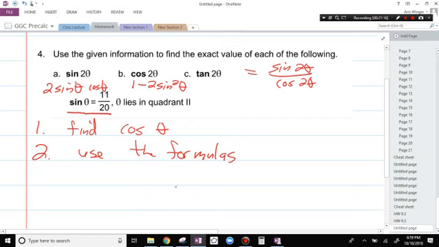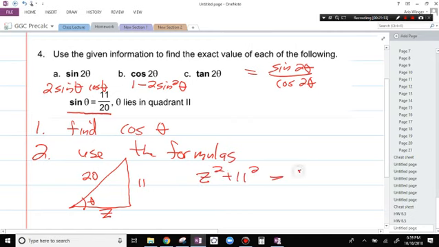All right, so if sine is 11 over 20, we're talking about a triangle like this, right? And 20 is the hypotenuse, 11 is the opposite. This number is not nice. It is z squared plus 11 squared equals 400, right?